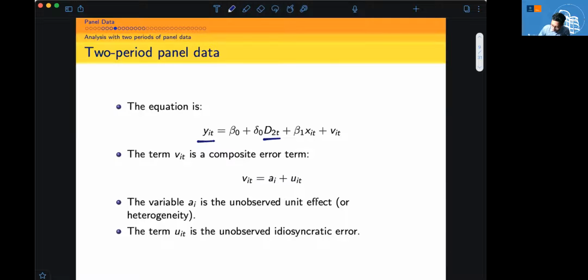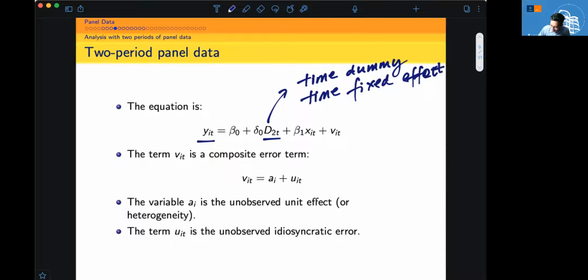So d2t is going to be equal to 1 if t is equal to 2, and 0 otherwise. Basically, this is going to accommodate factors that affect Y but are specific to the second time period relative to the first period.